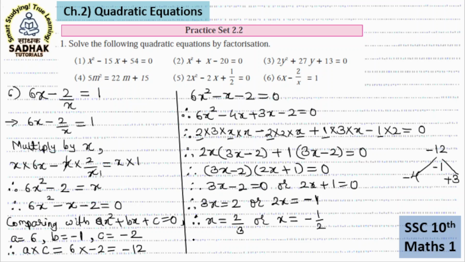Okay, so these are the two roots of the given quadratic equation. So 2 upon 3 and minus 1 upon 2 are the roots of the given quadratic equation. So that is the answer of question number 6.